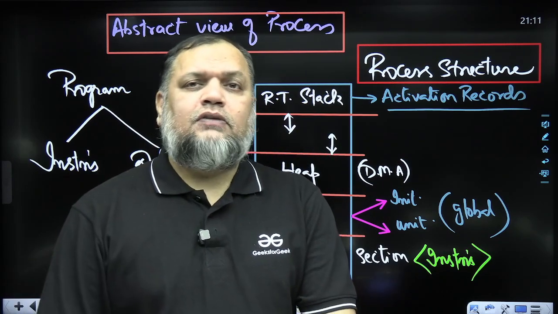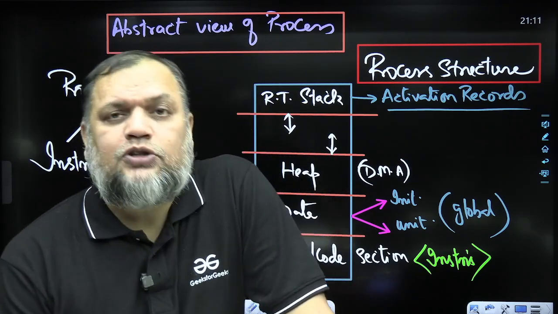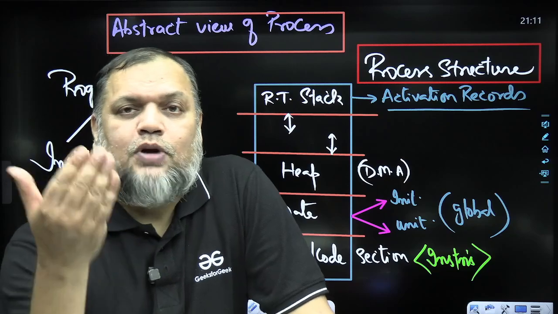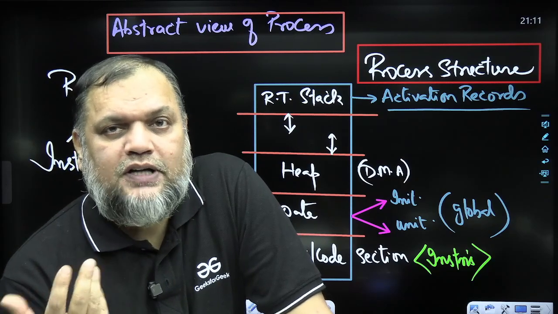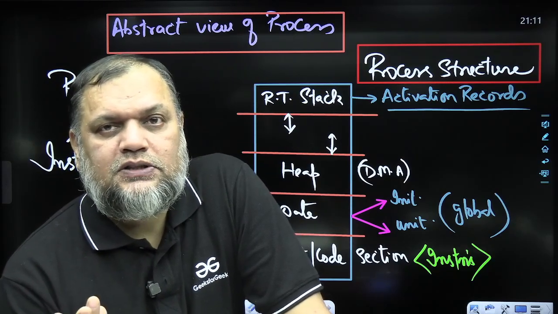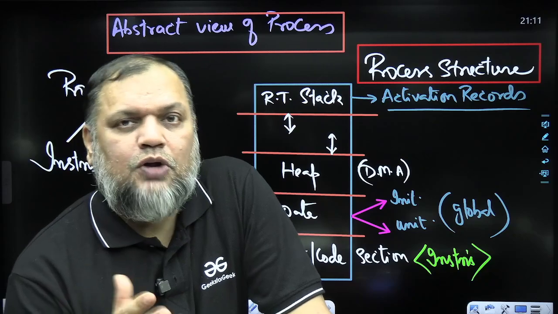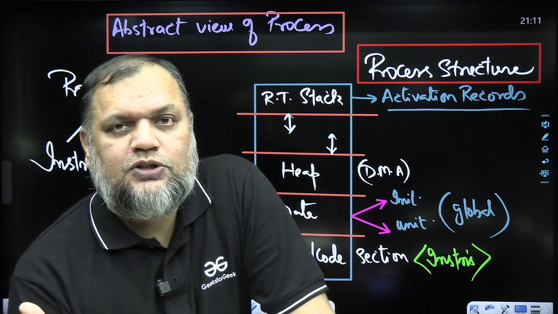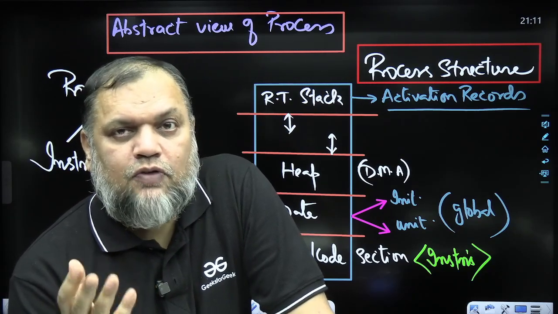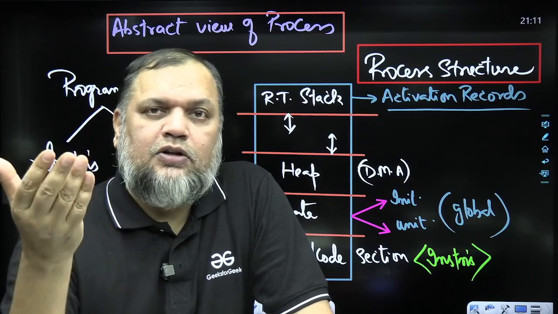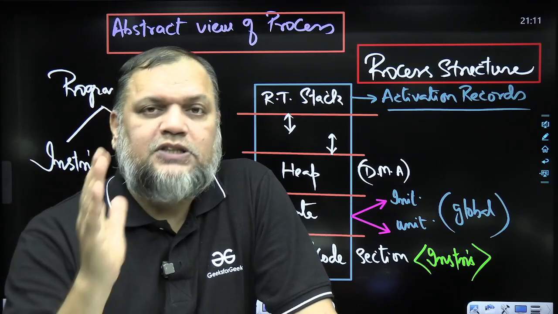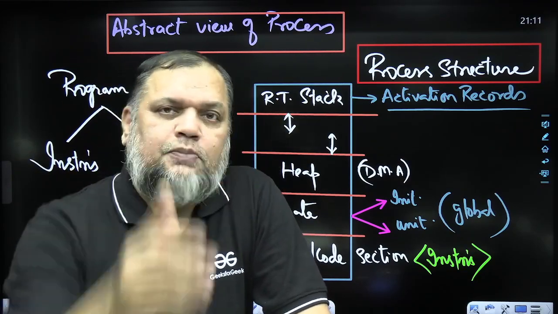Every operating system will provide mechanisms for performing various operations on process, like process creation, process deletion, scheduling the process, synchronizing the process, dealing with deadlock management. All these are operations which are performed on behalf of the user by the operating system on process. So process, being an abstract data type, supports operations.